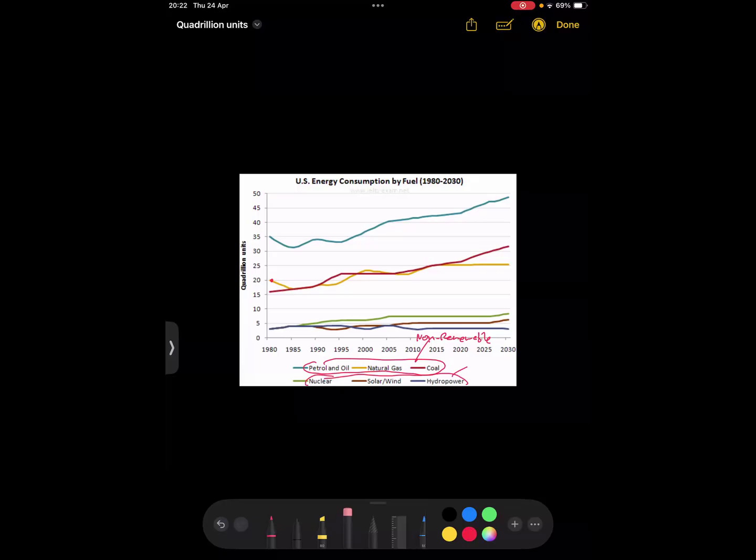So if I were to break down like this, it might not make sense. Let's just say the first three are carbon-based, so it's not clean energy. Whereas the other ones are clean energy because there's no combustion necessary to convert nuclear, solar or hydro to energy.